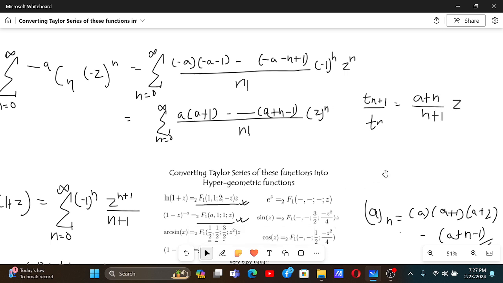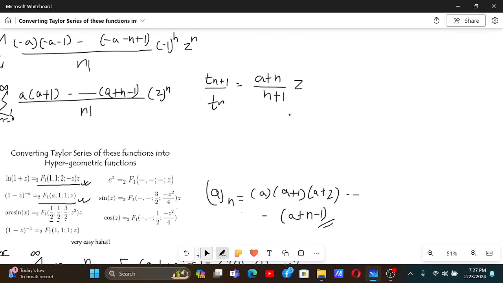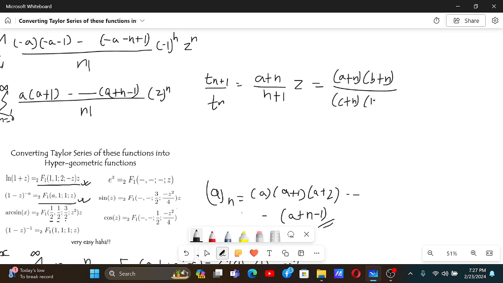So this needs to be equal to a plus n, b plus n by c plus n, n plus 1, times x. So we can put b and c both as 1.